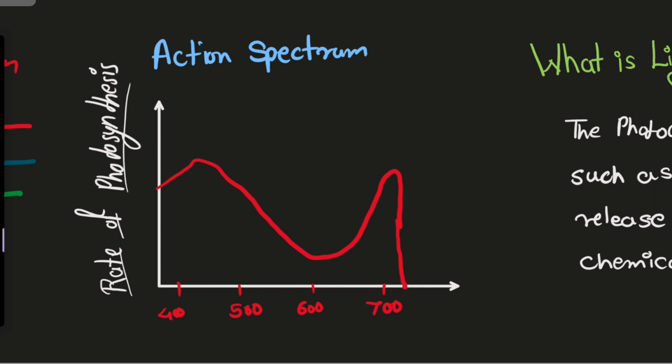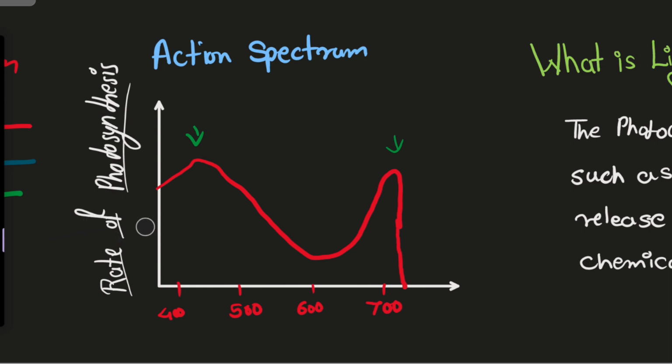This is the action spectrum, the rate of photosynthesis versus the wavelengths. So we can see that it is maximum at two points, in the blue wavelength region and in the red light region.